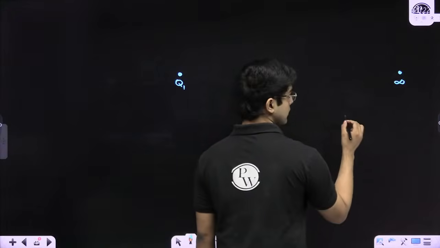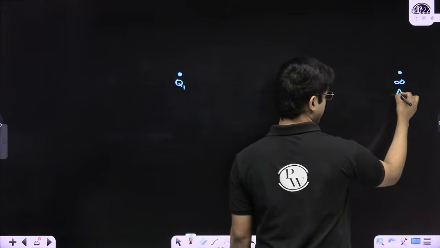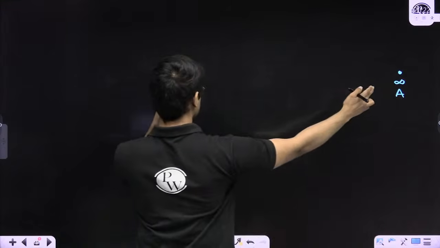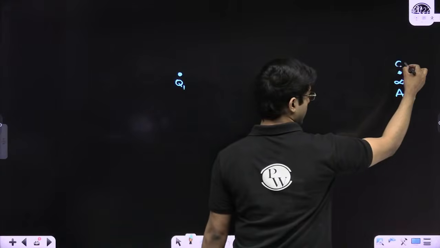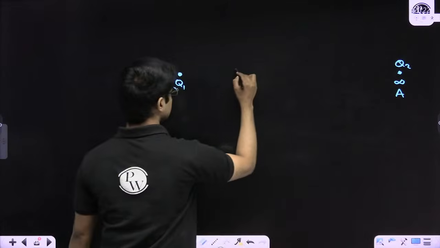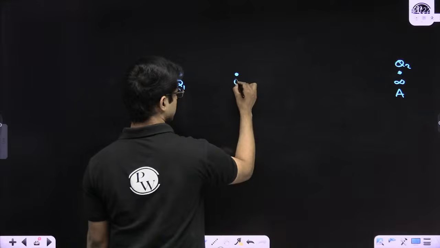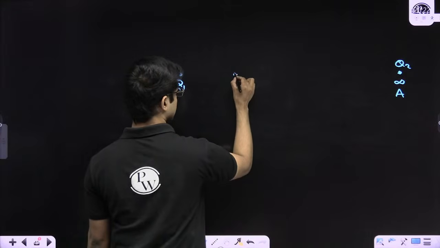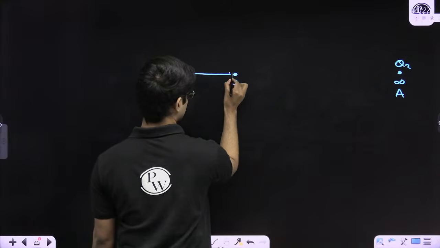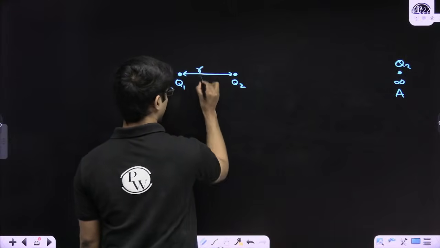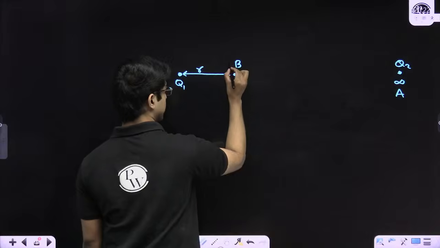So infinity is the point A, which is RA distance away, and we are going to finally bring this Q2 charge over here such that it is at a distance R. This is the position B.